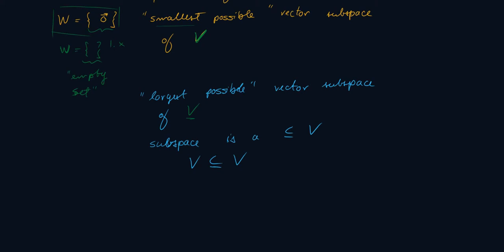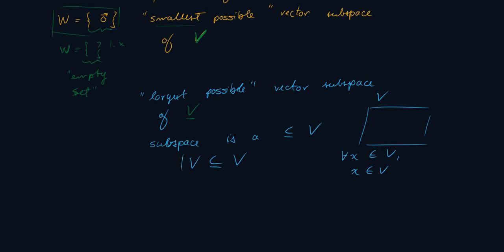Suppose you have a set V, what does it mean for something to be a subset of something else? It means that for all x in V, x is in V. And this is of course true. It's trivial, because whatever is in V is going to be in V, it's just stating the obvious.